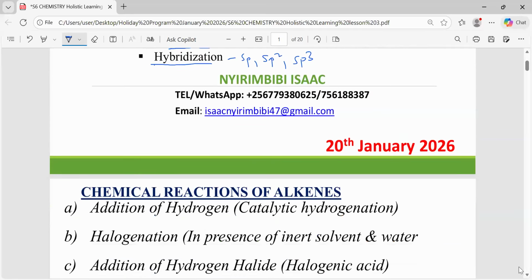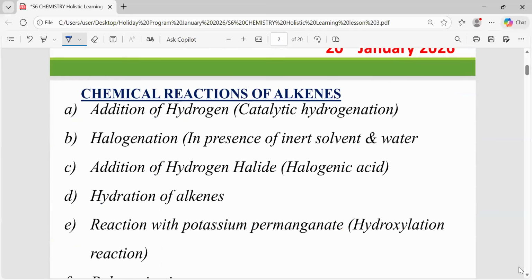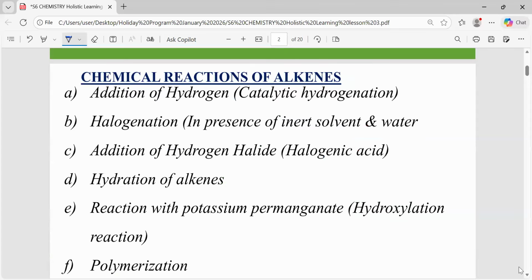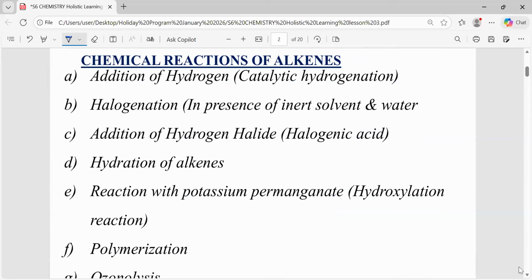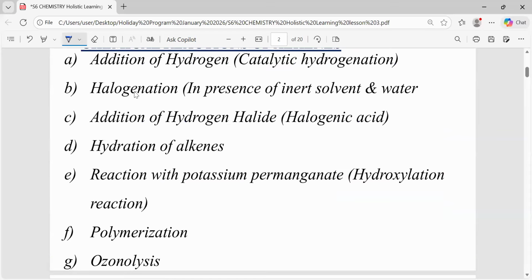Okay, last time we met, we looked at these chemical reactions. We were able to do the mechanism on addition of hydrogen, which we also called catalytic hydrogenation.